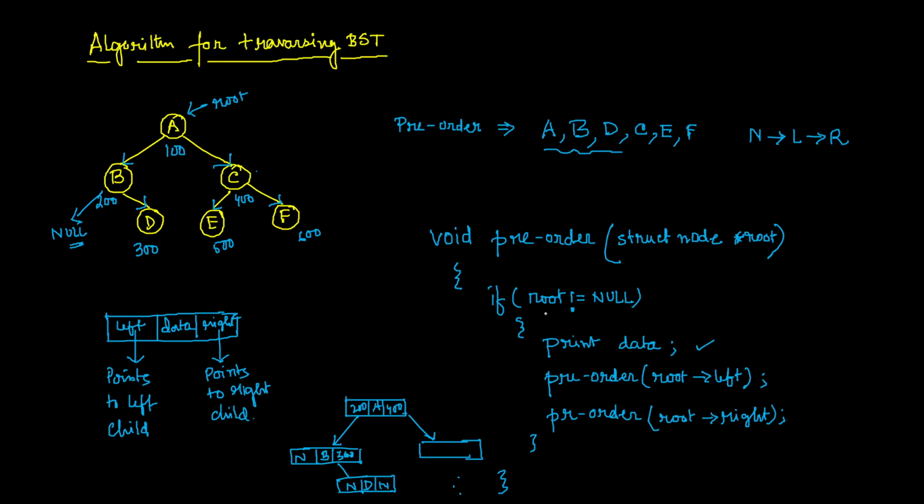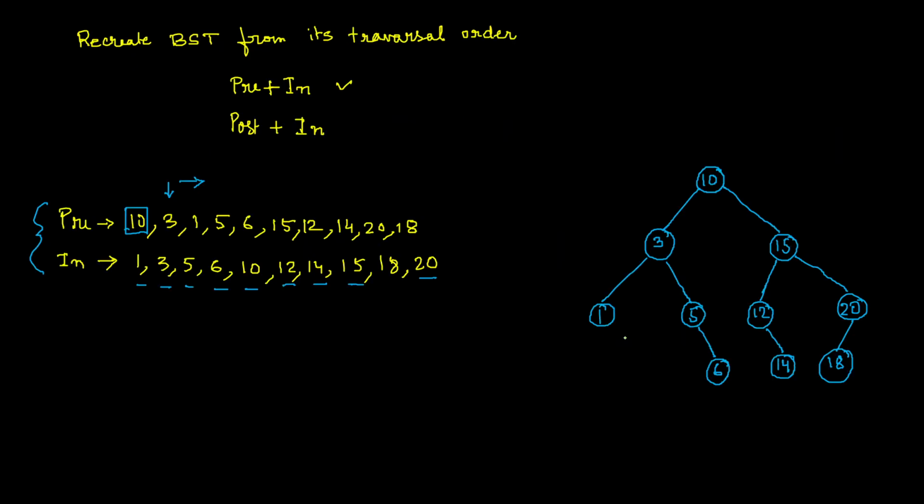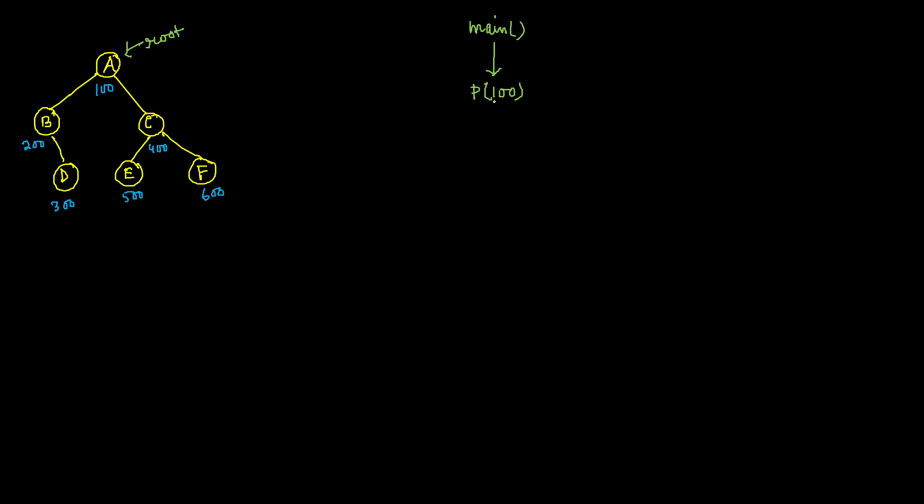If root is not null, then you print the data first, because you are here. So this is you, and you have this address 100, and you will see whether it is null. If it is null, then you have to do nothing, because there is no node.